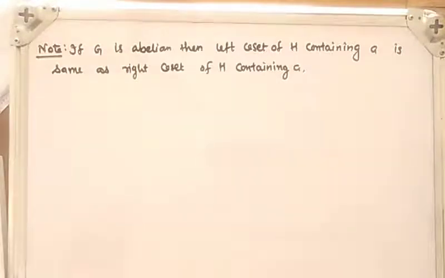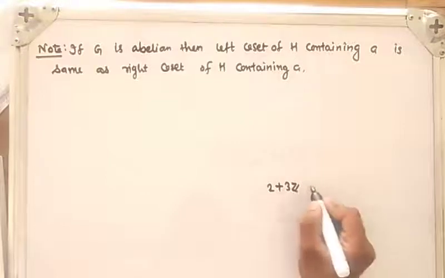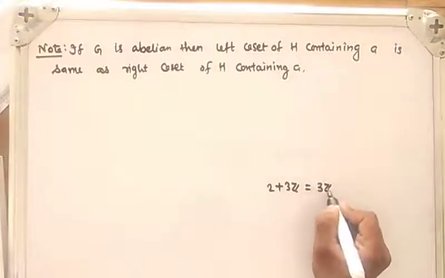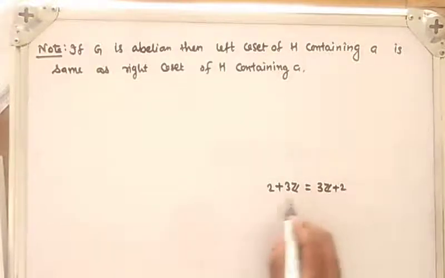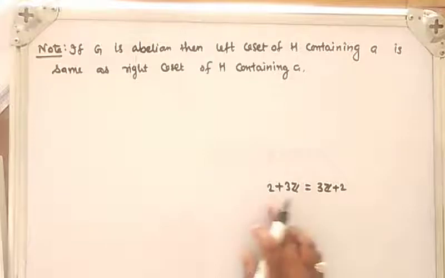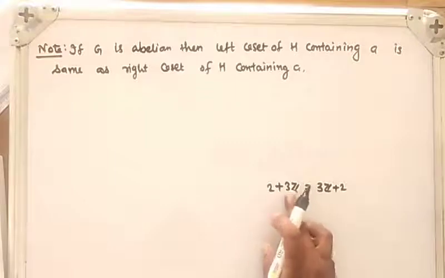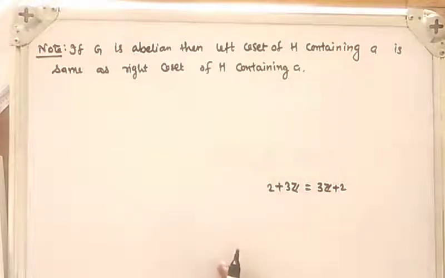So we have seen that 2 plus 3Z is the same as 3Z plus 2, because 3Z has the elements 0, plus minus 3, plus minus 6, plus minus 9 and so on. If I add 2, then we will get the same elements. So we know that Z is abelian, so the left coset and right coset will be the same.